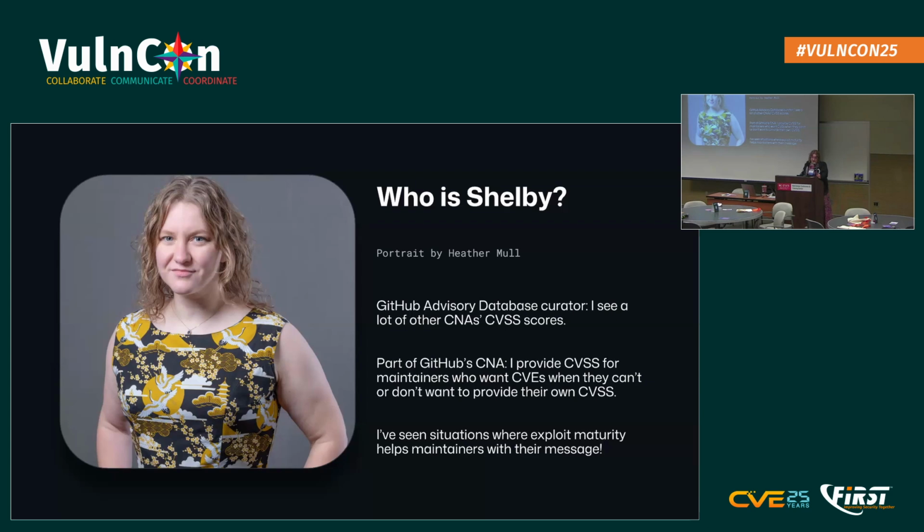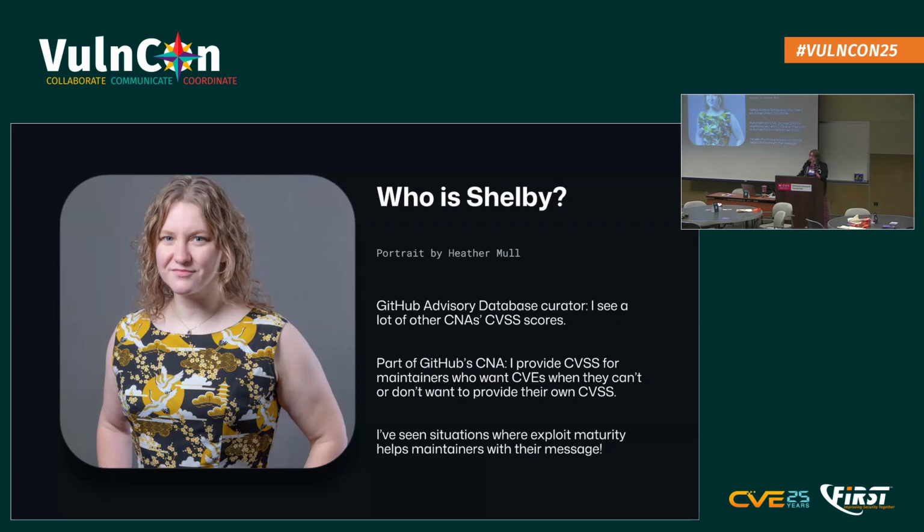So I see a lot of other people's CVSS scores, but as part of my duties on the GitHub Advisory Curation team, I also do tasks related to GitHub's duties as a CNA. One of the services that we provide as a CNA is that when maintainers who use GitHub's CVE request feature don't want to score a CVSS or they don't know how to, that is something that we will do for them before submitting the CVE record to the CVE list.